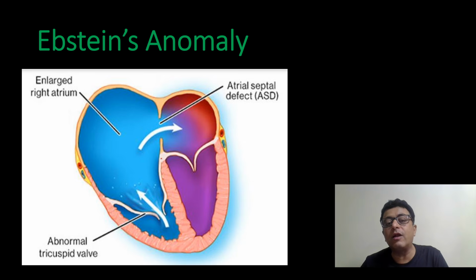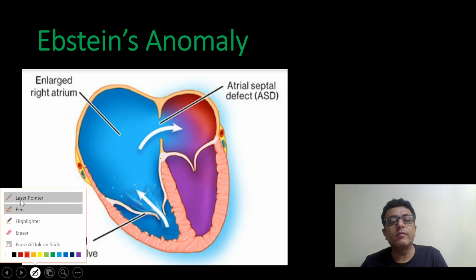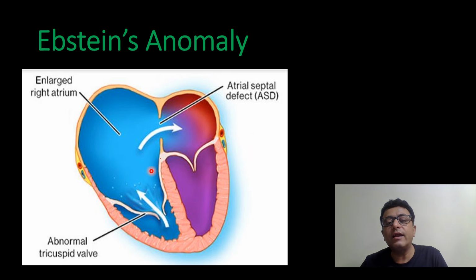Concentrate on the tricuspid valve attachment. Its leaflet is not attached here. It's displaced downward, displaced apically, because this is the apex. We know that the septal leaflet of the tricuspid valve is displaced apically. So this whole portion is RA.